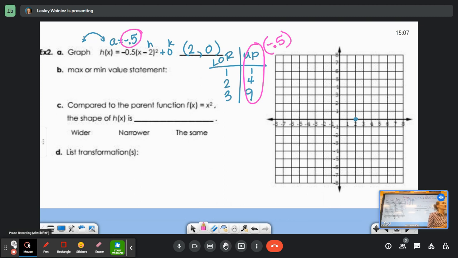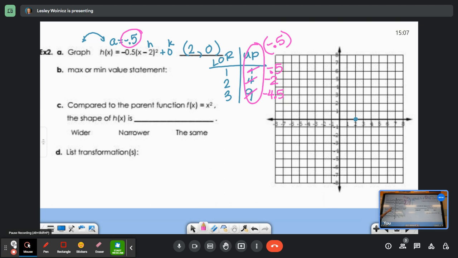So our ups are really going to turn into downs. You know what I mean? So negative 0.5 times 1, that gives us negative 0.5. Okay, what's half of 4, and then take the opposite? Negative 2, good. Okay, half of 9 and take the opposite. Negative 4.5, good. So we're going to have to graph some points that are not quite as pretty points. They're going to be in between the dots. So just do your best as you can.